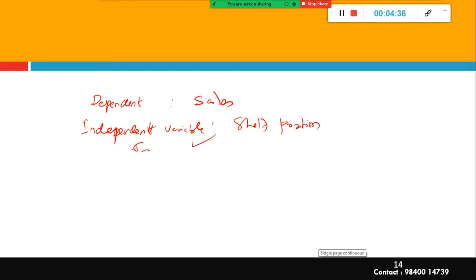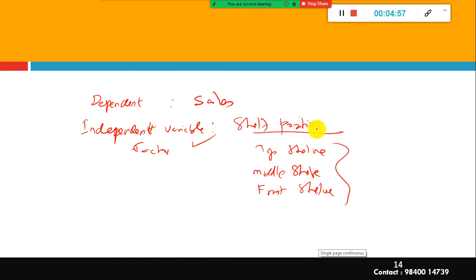Here there is only one independent variable, one factor. It is also called a factor, single factor. We used only one factor called shelf position. We discussed top shelf, middle shelf, bottom shelf or front shelf. These all fall under shelf position.